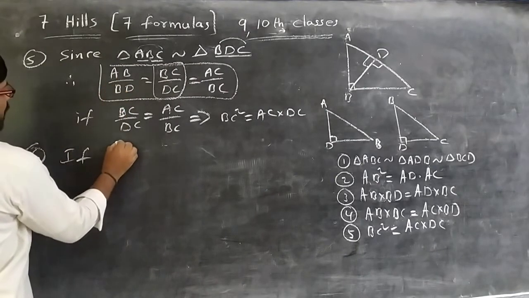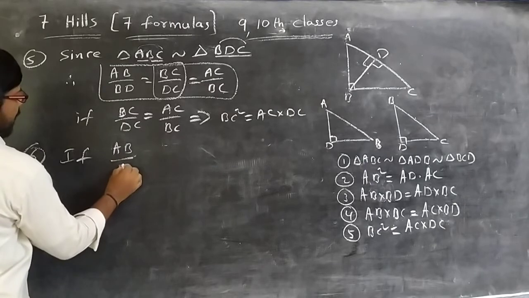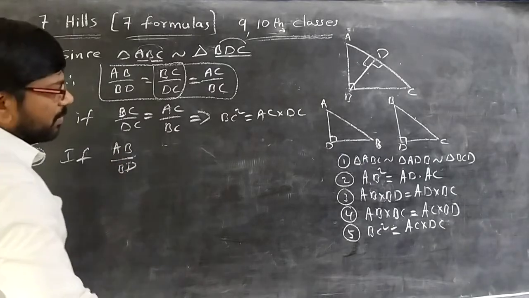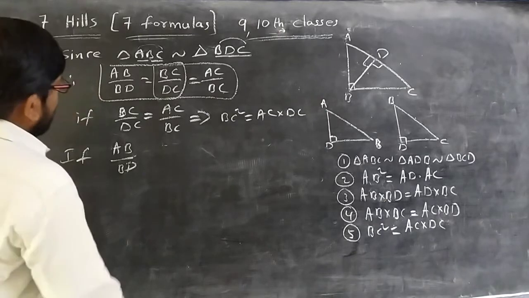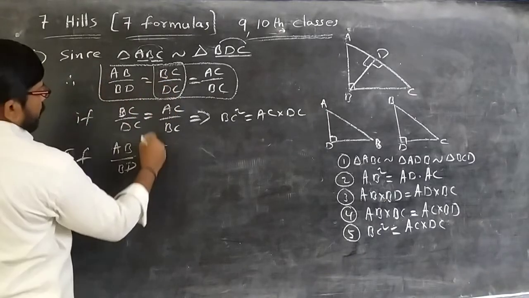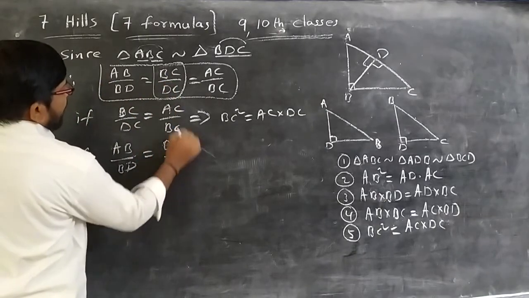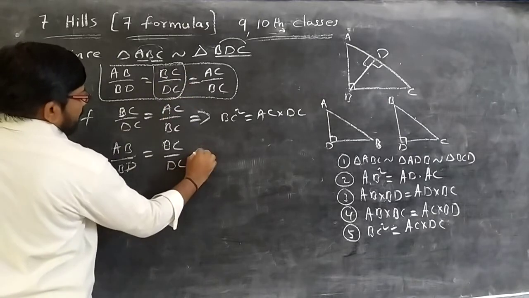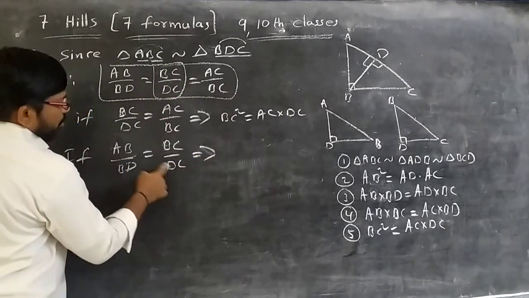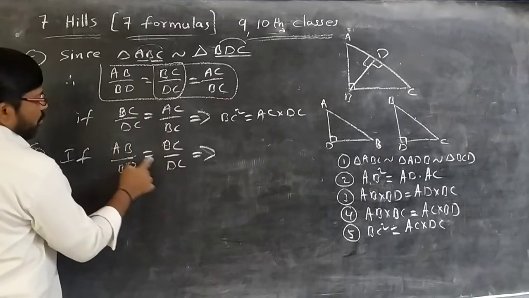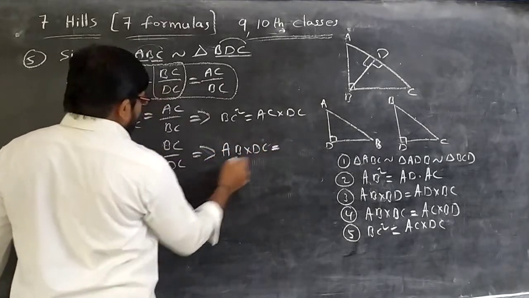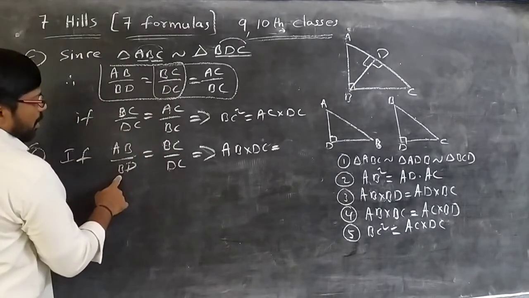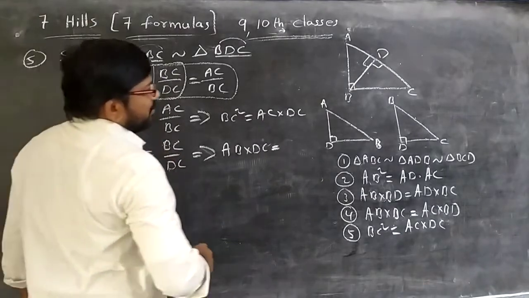If AB by BD is equal to BC by DC, that implies, cross multiplying, AB into DC is equal to BD into BC.